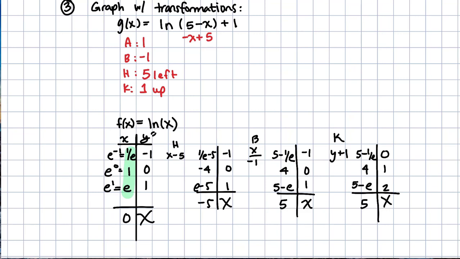Okay, so if we go to our final t-chart, it'll be helpful to have some decimals in mind. 5 minus e would be about 2.28, and 5 minus 1 over e is going to be 4.63.